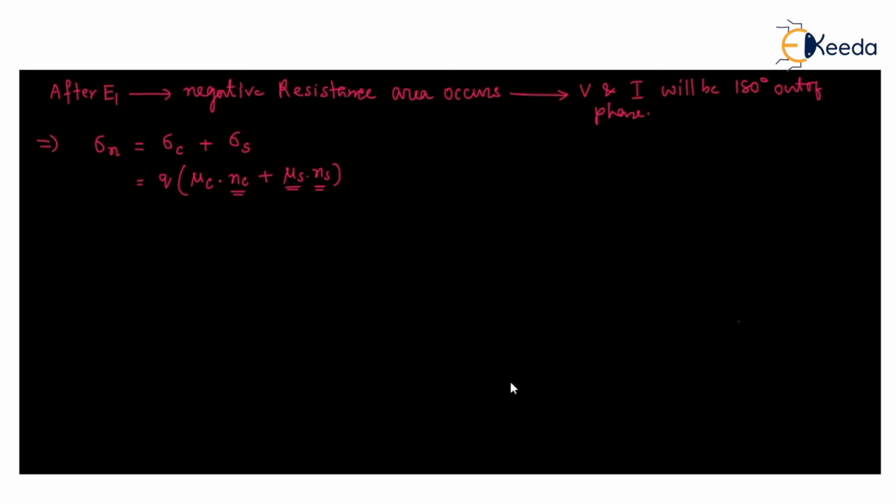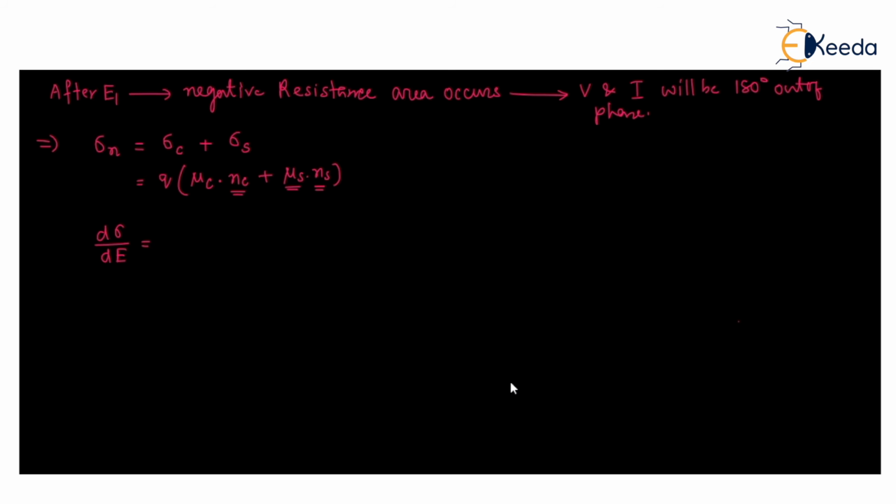So if we do the partial derivative, then we can find d sigma by dE.